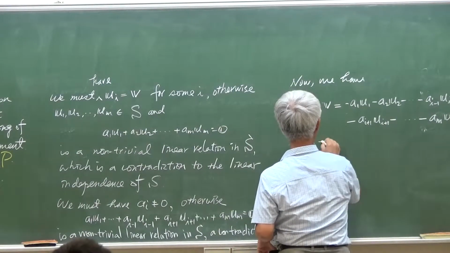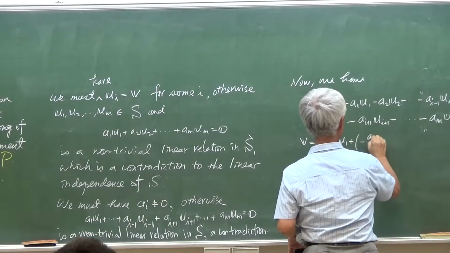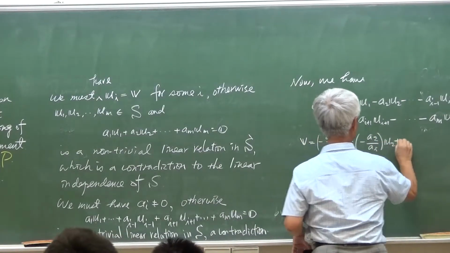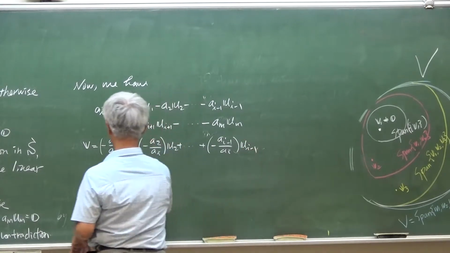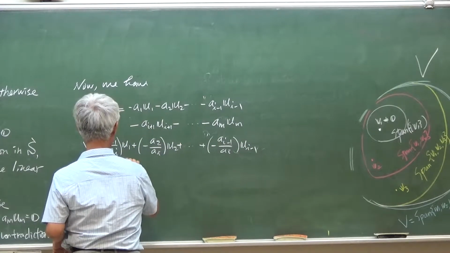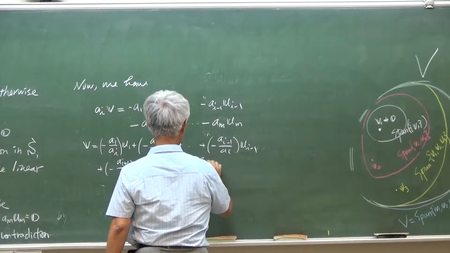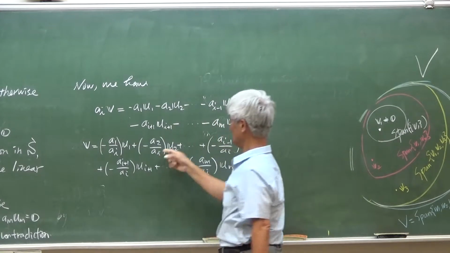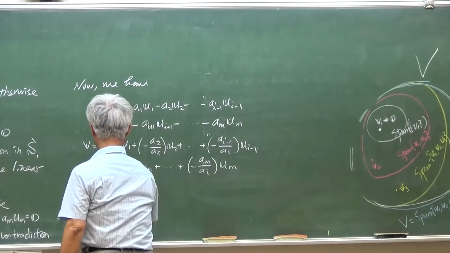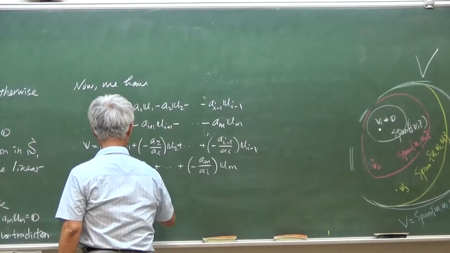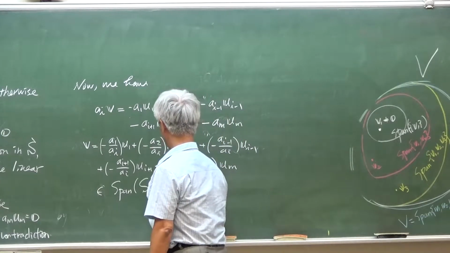So v becomes a linear combination of elements in S. Okay, so it's in the span of S. Right, so we complete the proof.